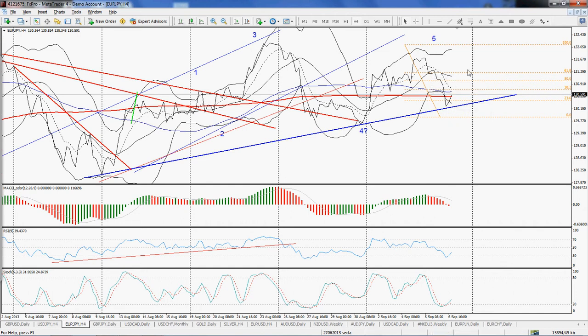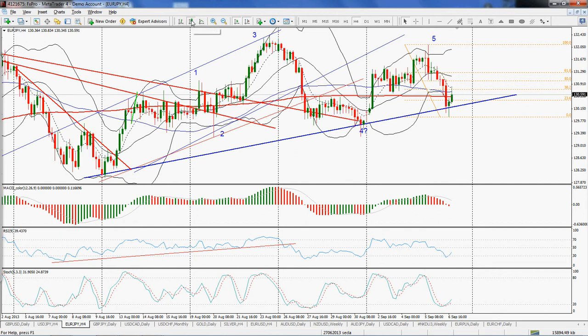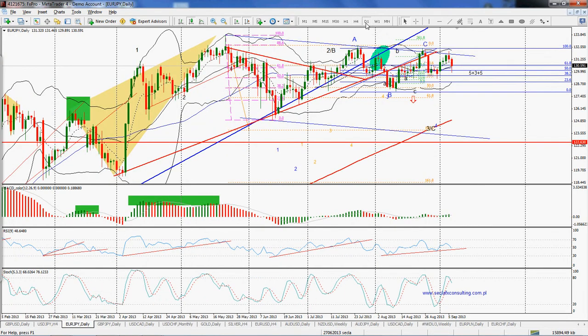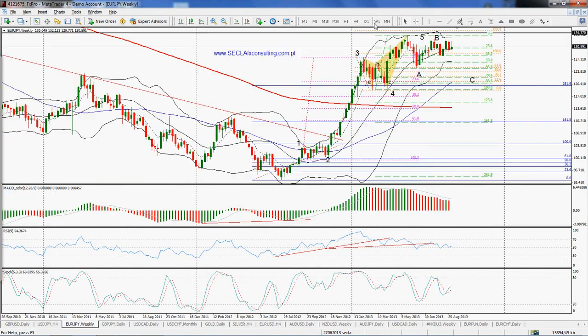We may see some correction, so that would be the second wave, the corrective wave. One has to check whether the market will be able to break through those FIBO levels 50 and 61. If we'll be able to do that, we'll have to check it once again. If not, one can expect a downward movement again. So that's the possibility.